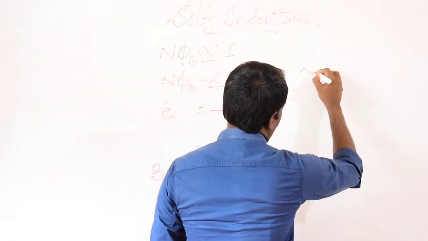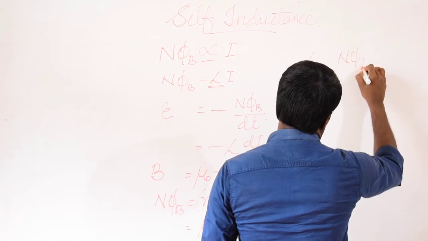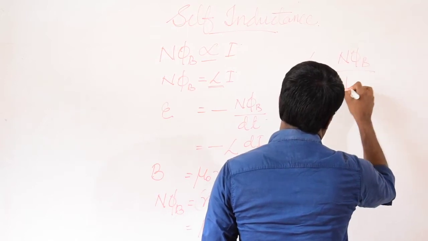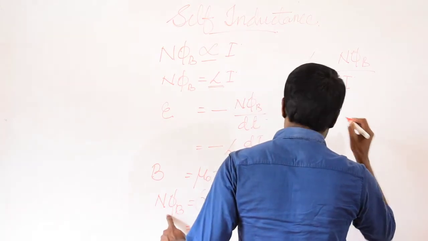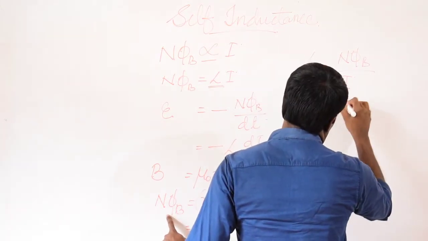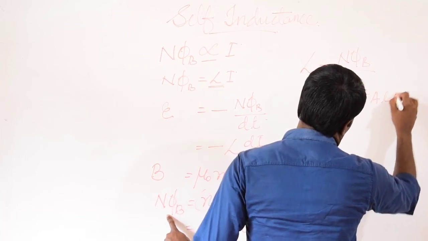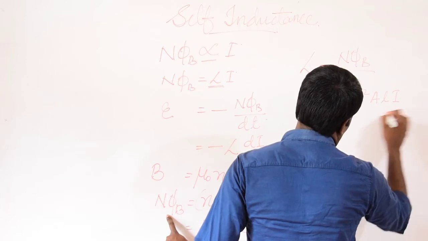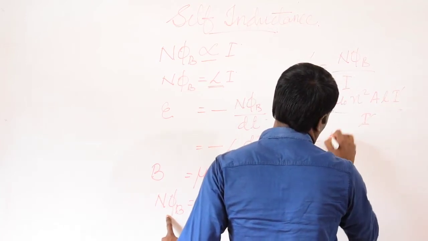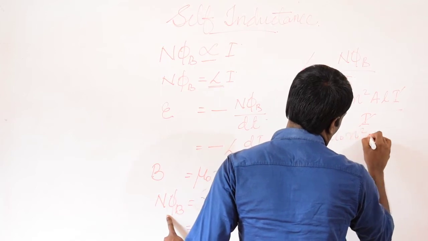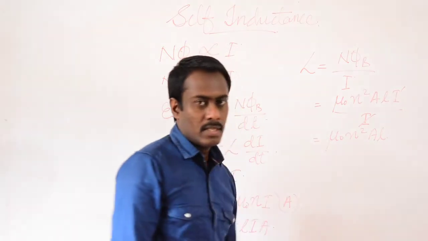The self-inductance L is equal to N phi B divided by I. So N phi B is mu 0 N square A L I, divided by I. Then I and I will cancel. Then mu 0 N square A L will be the self-inductance of the solenoid.